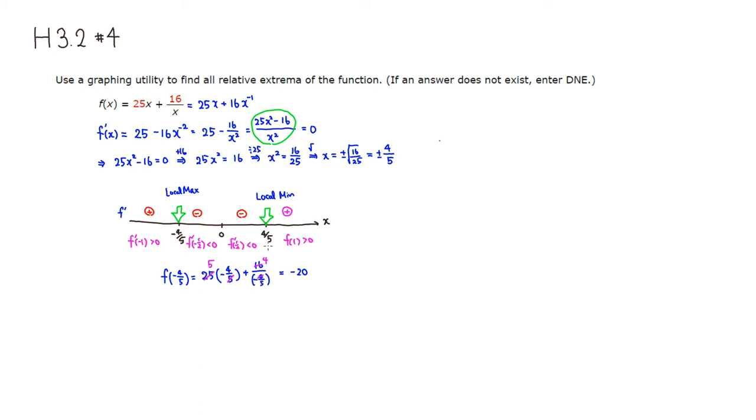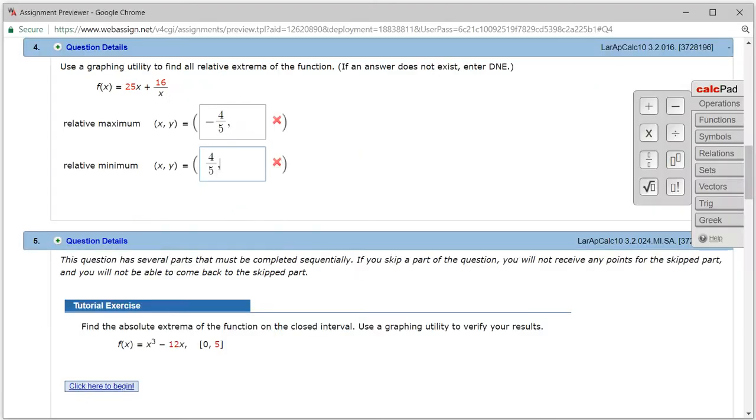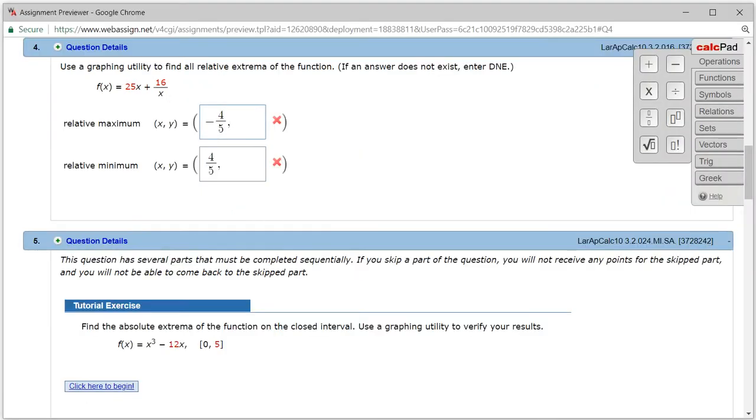So you're going to have negative 20, another negative 20, so this is negative 40. So we have a maximum of negative 40. It's a little bit odd, a kind of small number for a maximum.